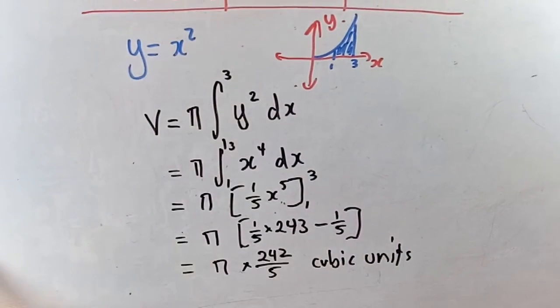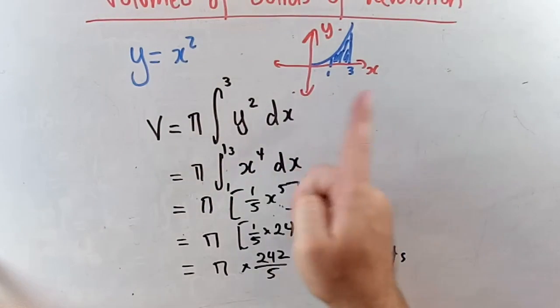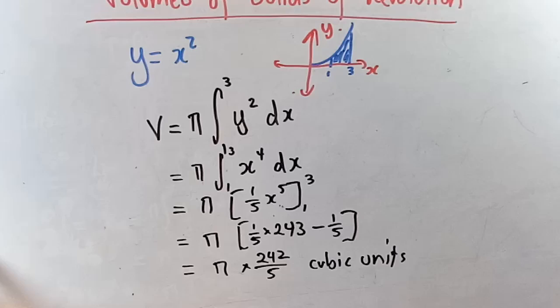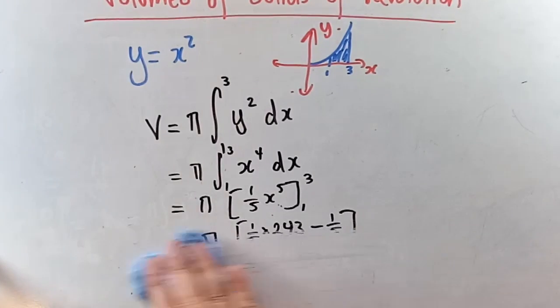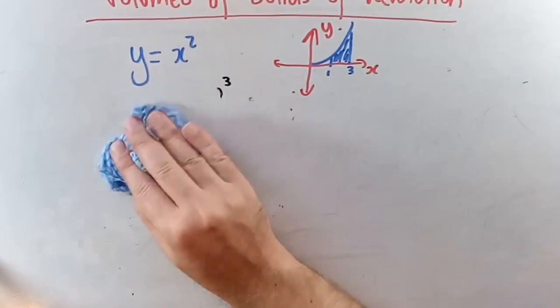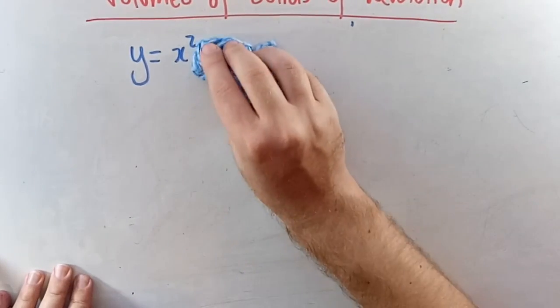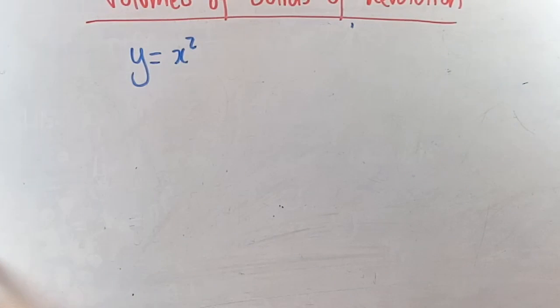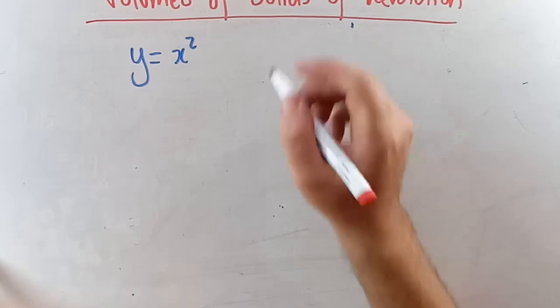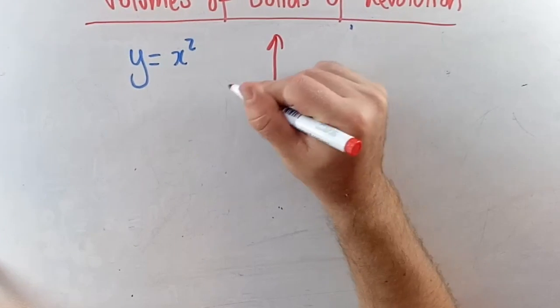All right. What if we wanted to rotate an area around the y-axis? Okay. So what we need to do then, very similar. Okay, very similar. Okay, there we go. We're going to rotate. What area are we going to rotate this time?